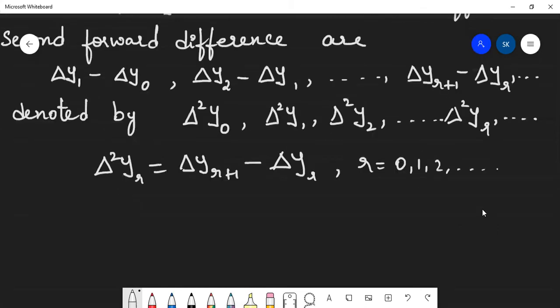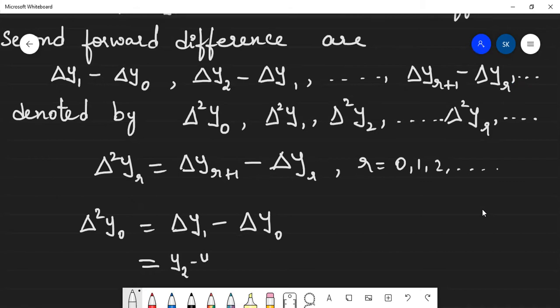What is delta square y0? It is delta y1 minus delta y0. Fine. What was delta y1? Delta y1 is y2 minus y1. Yes or no? You will use the y1 notation for delta. So you should increase the suffix and write y2 minus y1 minus delta y0, which will be minus y0.